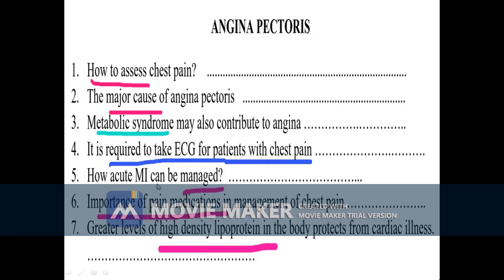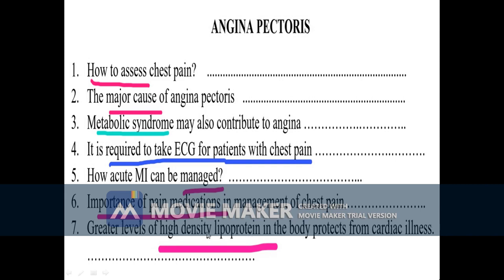Question 5. How can acute MI be managed? They are asking about management. You will search in which text management is given, and then you will simply write A, B, C or D. Importance of pain medication in management of chest pain. So you will search for where pain medications are mentioned, then you will simply write the answer, text A, text B, text C or text D. Question 7.